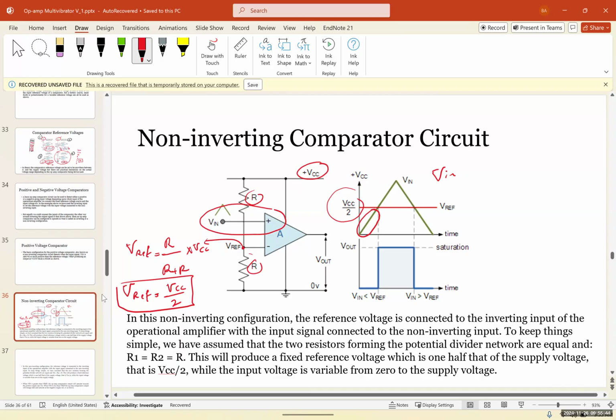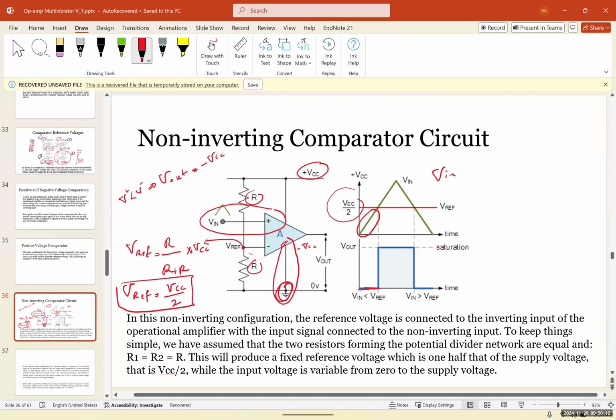As long as this Vn is less than VCC over 2, the output V out, because V positive is less than V negative, would be equal to negative VCC. And what is our negative supply rail voltage here? It's ground.